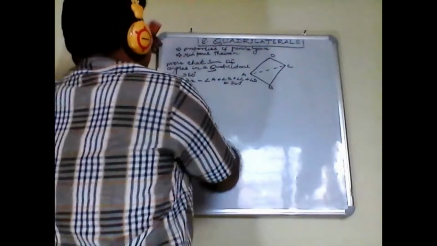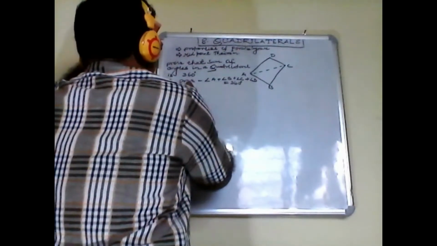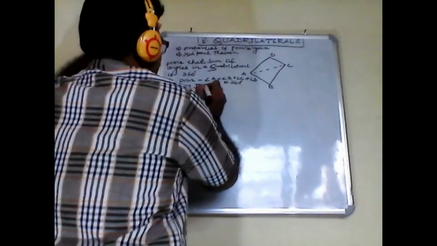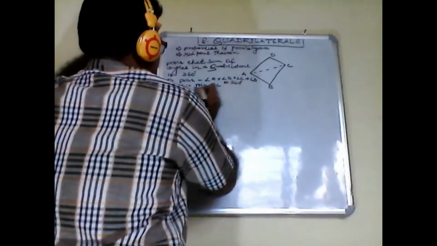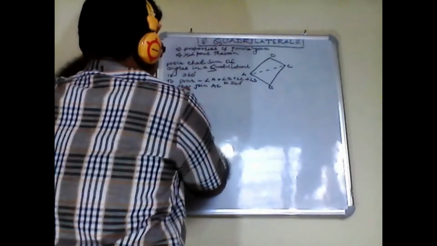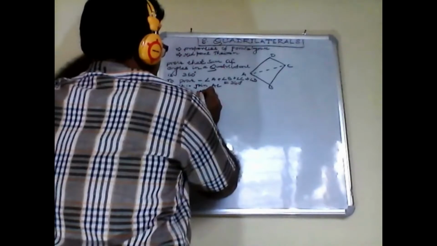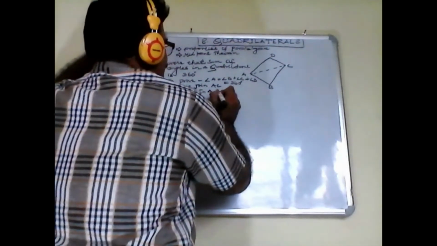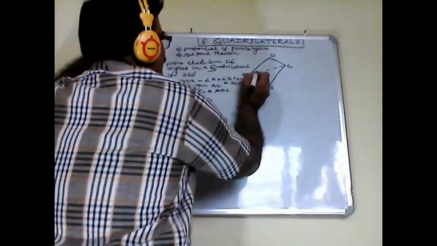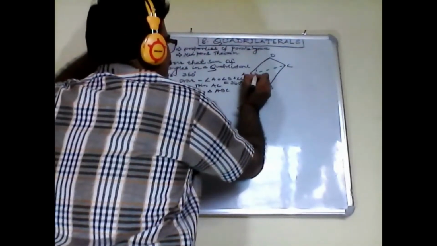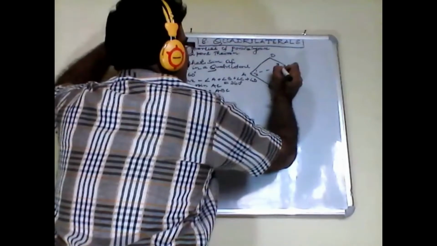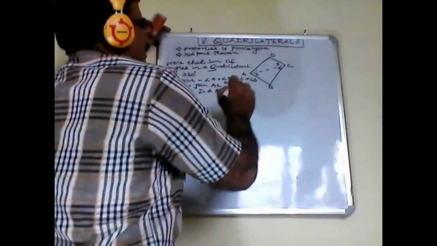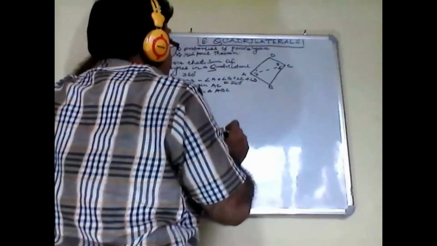For this, do one construction: join AC. Proof: in triangle ABC, you can write angles 1, 2, 3 and 4 for convenience, because angles B and D are already named.